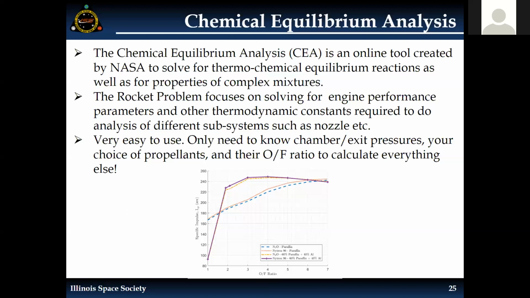To have the most efficient engine, we need the highest ISP, and that is yielded at an OF ratio of around 4 for our Nitrox 96 based fuels. That is why we chose Nitrox 96, and you can see the slight increase in performance it gives that Raj was previously talking about.